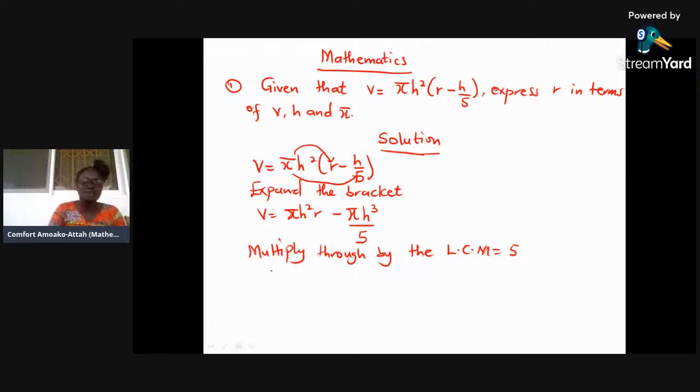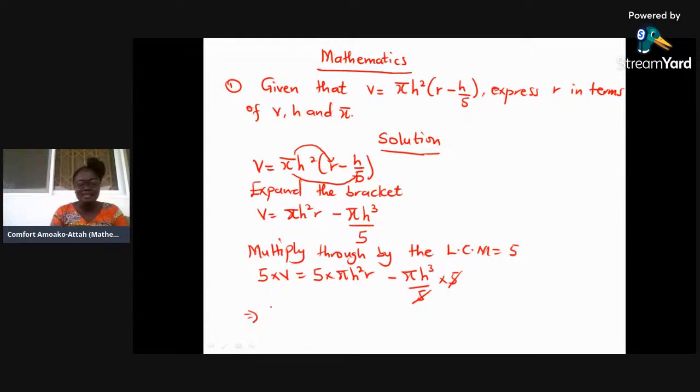Okay, so this 5 will multiply the V, then it will also multiply pi h squared r, minus, it will also multiply pi h cubed over 5. Then this 5 can cancel out. So we have our equation linear now.